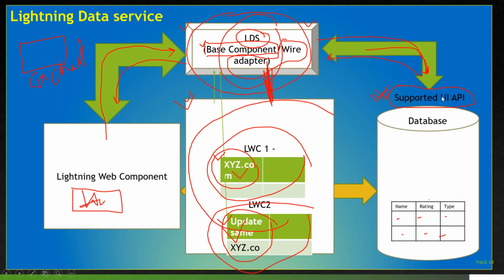Only one thing you have to remember: the objects should be supported by the user interface API. To implement LDS, we can use base components or wire adapters. In the next session, we'll see which base components are given to help us access data from the database in my Lightning web component, and how data is auto refreshed in multiple components used on the same page through LDS.